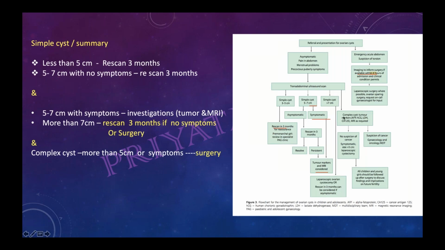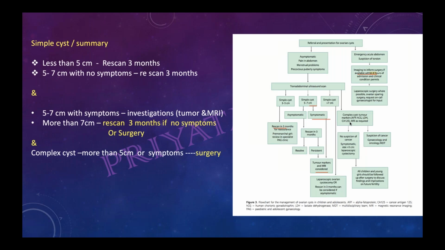If a complex cyst is there, then we have to do tumor markers: alpha-fetoprotein, HCG, LDH, and CA125, and MRI if it is required.